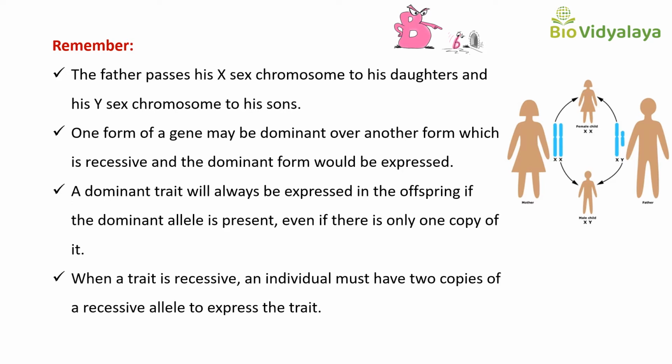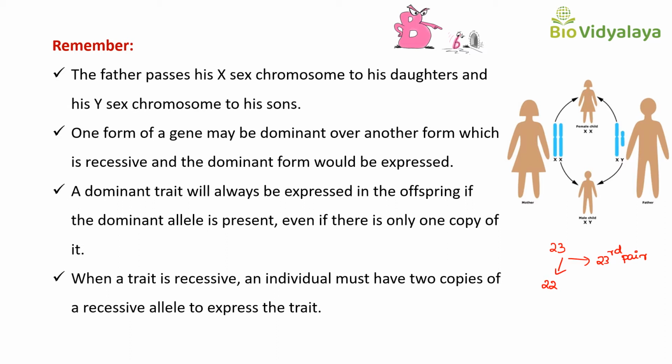We know that in humans, 23 pairs of chromosomes are present. Out of these 23, 22 are autosomes, which are the same in both males and females. And the 23rd pair represents the sex chromosomes, and this is different in males and females.